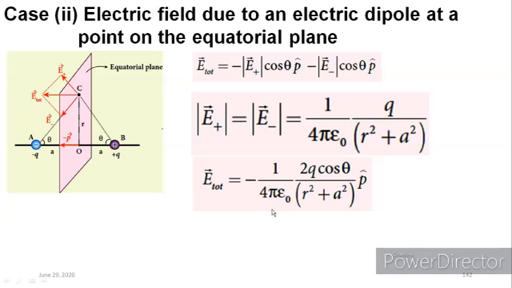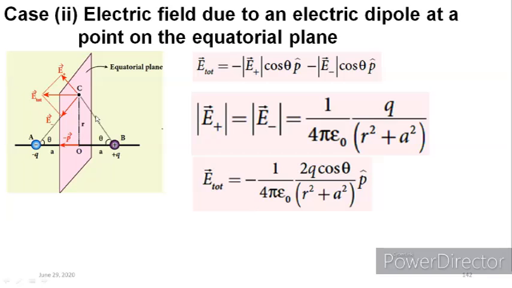Now substitute the values of E plus and E minus in this equation. You will get 1 by 4 pi epsilon naught into 2q cos theta by R square plus A square into P cap. And then cos theta can be replaced in terms of R and A. Look at this triangle: cos theta can be written as adjacent side by hypotenuse.